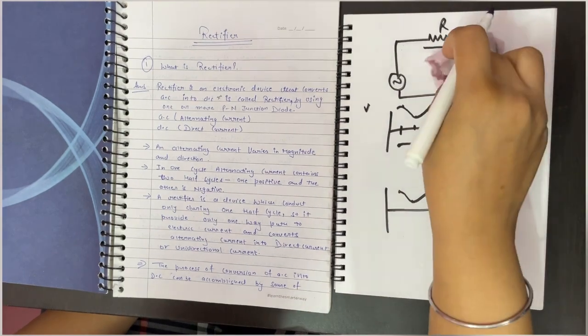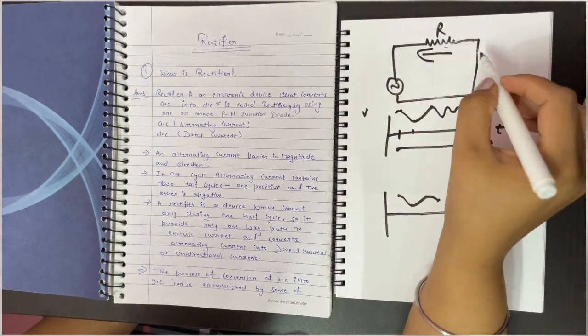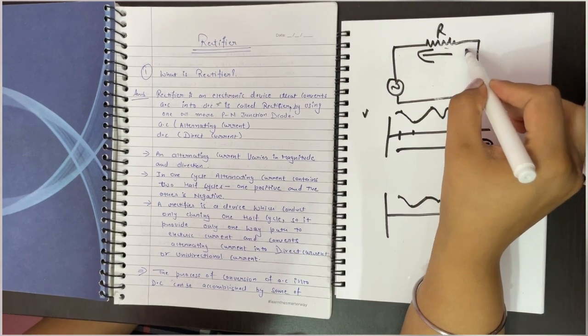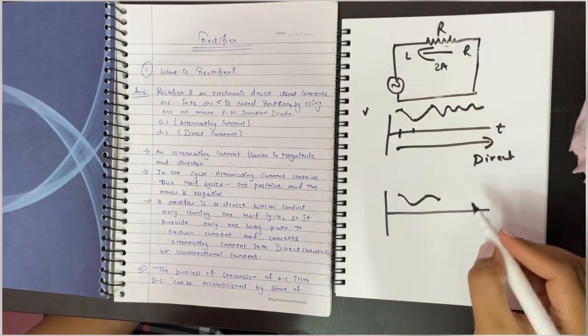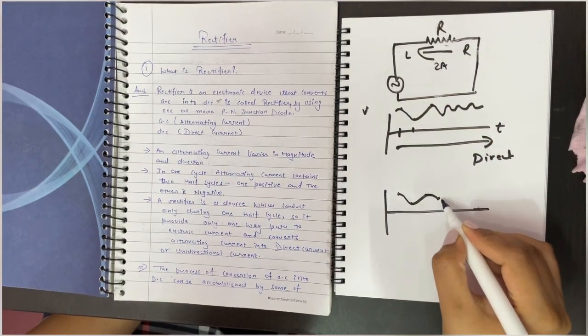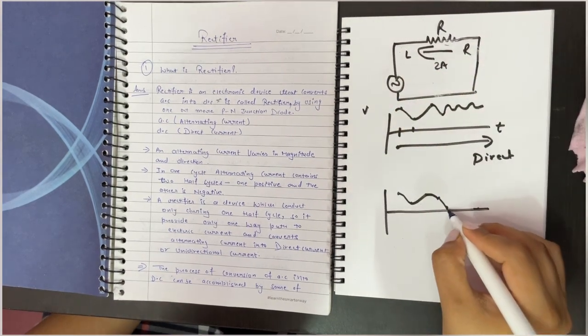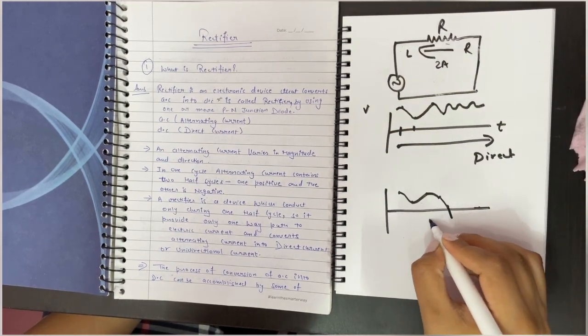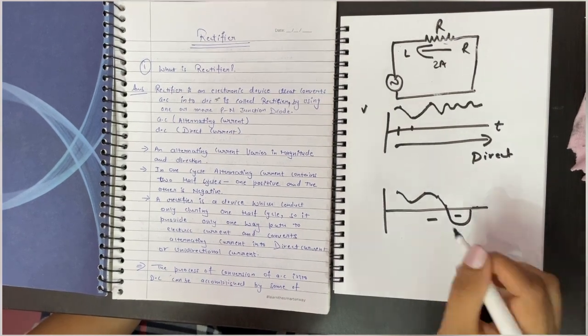So here the direction of current is changed, like now the current is flowing from right to left. Now the current is 2 ampere. Now the current is going from left, it is crossing 0 to the negative half, to 2 ampere. This is negative half cycle.